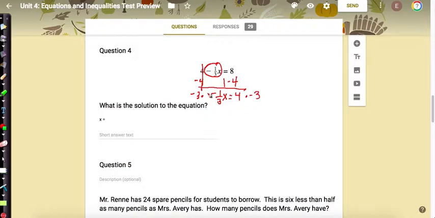These cancel, and I'm left with x equals negative 12. When you check this, you would do 4 minus 1 divided by 3 times negative 12, and you would hit equals, and of course, it would say 8. So did you pick negative 12? Great.